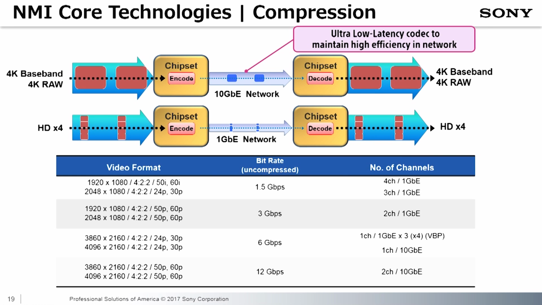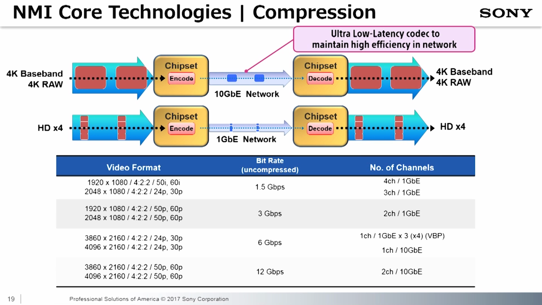If you look at this chart here, you can see that we have 1080i signals at 1.5 gigs, we have 1080p signals at 3 gigs, and even 12 gigabit per second 4K signals. With compression turned on utilizing LLVC, you can now get 4 channels of 1080i through a 1 gig pipe, or 2 channels of 4K through a 10 gig pipe.